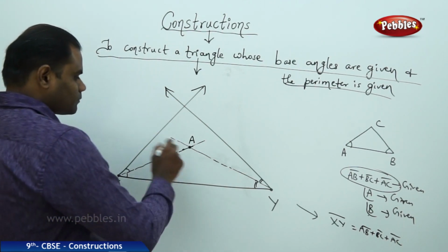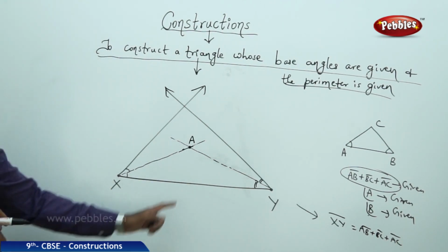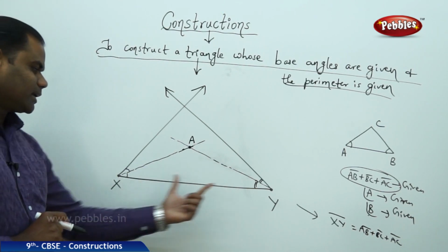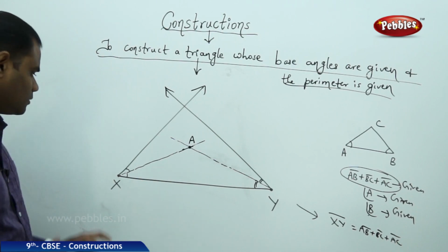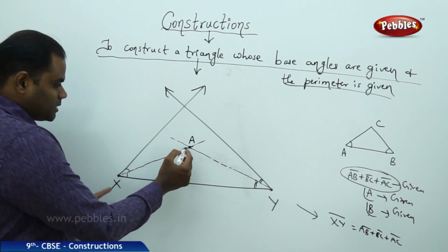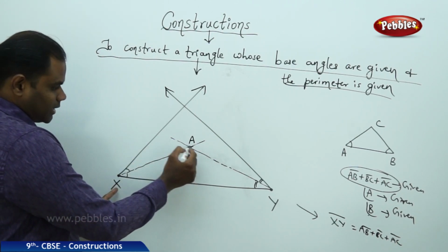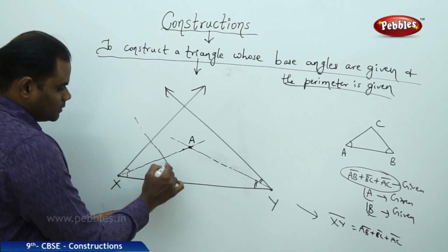Now, after I get the point of intersection of the two angular bisectors at X and Y which meet at A, now I take the perpendicular bisector for XA. So let me take the distance XA or AX and draw the perpendicular bisector.